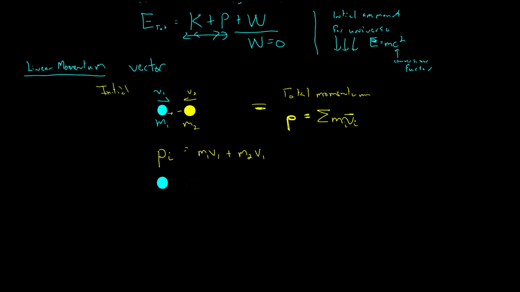And what we find, with momentum being a conserved quantity, is that mass 1 and its new velocity, which I'm going to prime to show it's the final state, and mass 2 and velocity 2 primed, give the final momentum: m1 v1 prime plus m2 v2 prime.